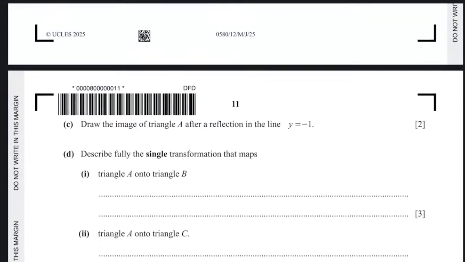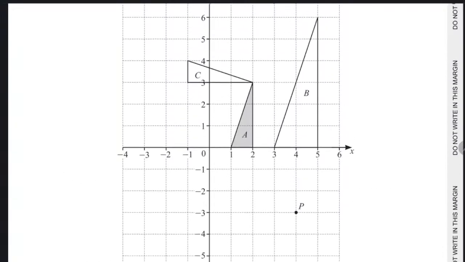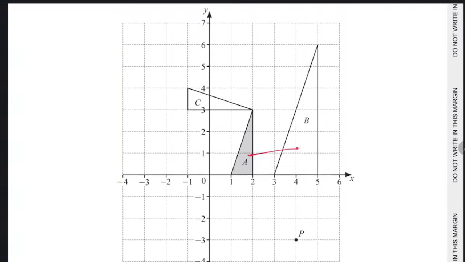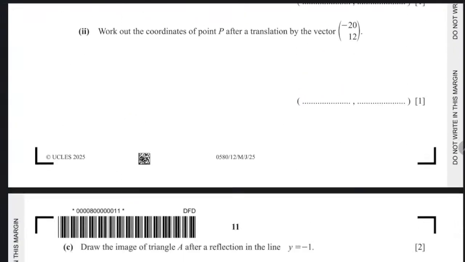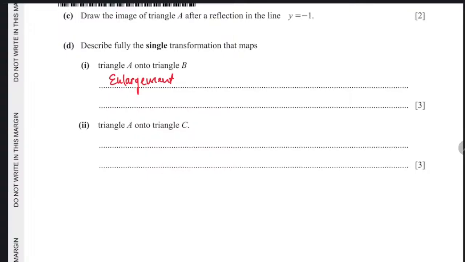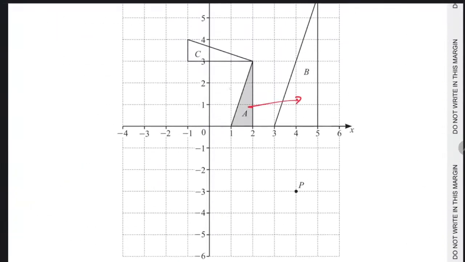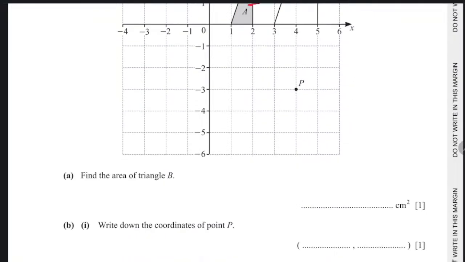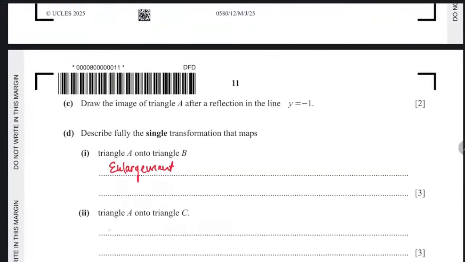They're saying describe A onto B, A onto C. Let's see here. A to B, you can see that it got bigger, so it's an enlargement. Yes, it's worth 3 marks, so you say enlargement. Okay? Oh, they actually gave you a rotation. Because A onto C, you can see it's worth 3 marks, right? So it's either enlargement or rotation, and you can see that it flipped around, so you'd say rotation. Okay? This is a rotation.